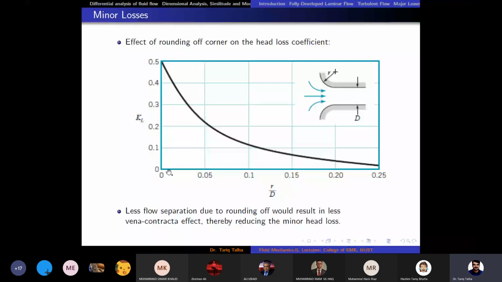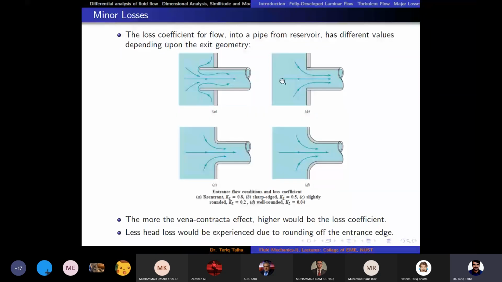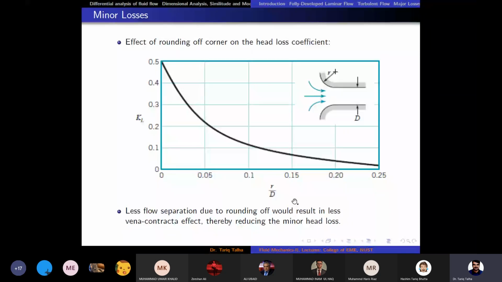For the sharp edge entrance, which is this B value, the KL value was 0.5. So when R upon D is equal to 0, which is sharp edge, the KL value is 0.5.